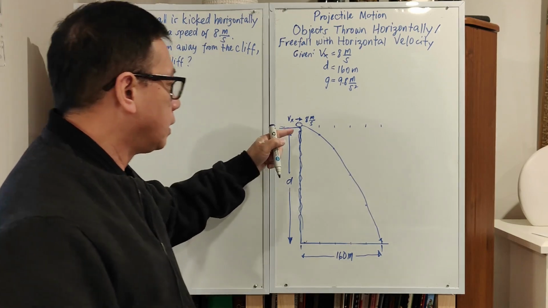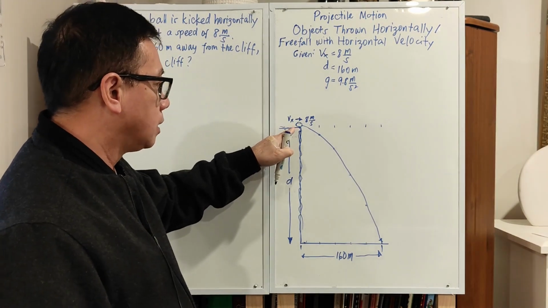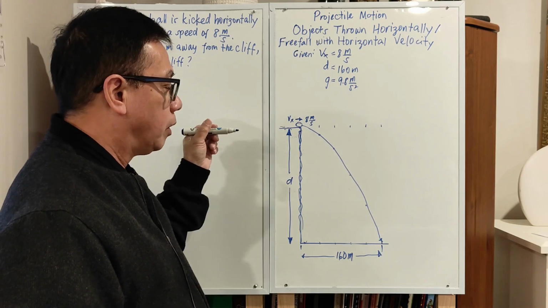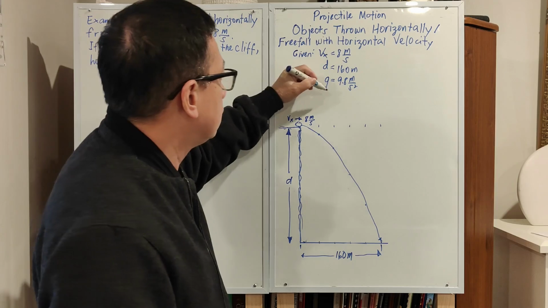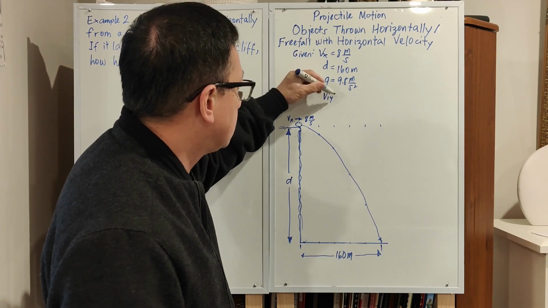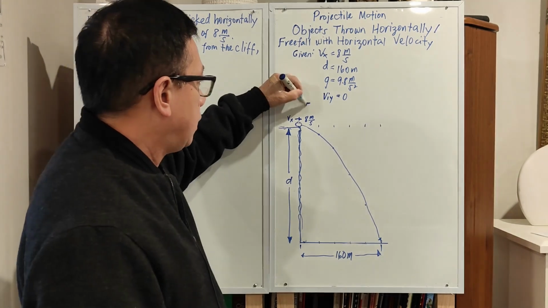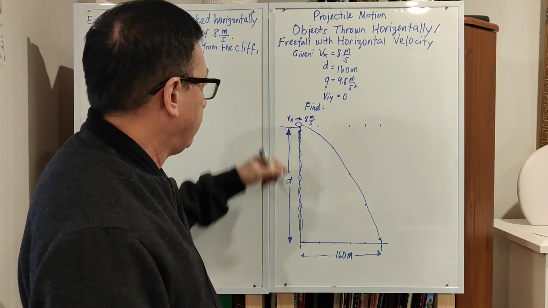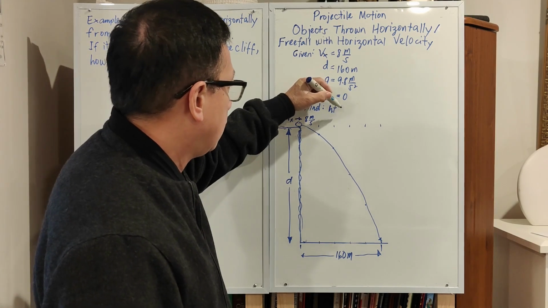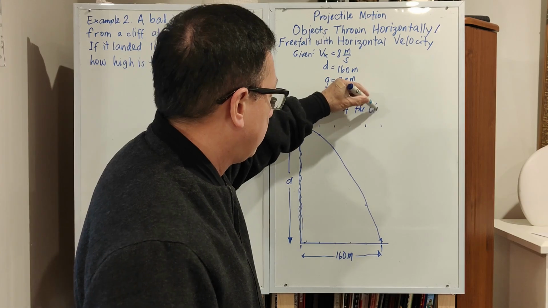Now the initial velocity vertically at this point is 0 because it was only pushed sideways. There's no downward velocity. So the initial velocity on the y-axis is 0. So what we need to find is the height of the cliff.